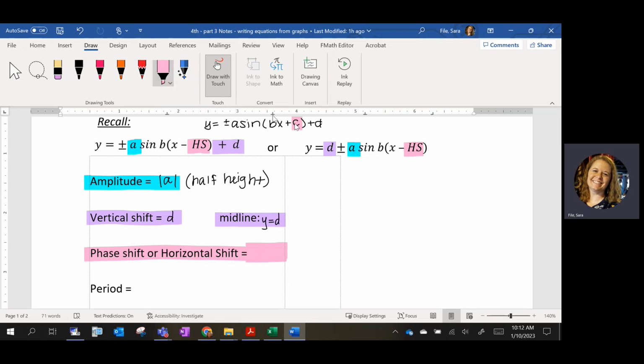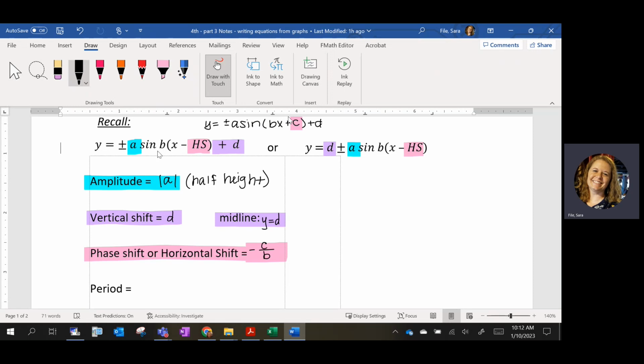We use it to find the horizontal shift, but it's not the horizontal shift itself because that B has been multiplied into it. So you have to take that C value and divide out the B if it's written in this format. And then we also have to remember that it's the opposite sign of what you see there. So it's negative C divided by B. That's your horizontal shift or phase shift.